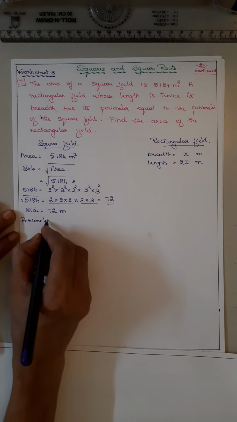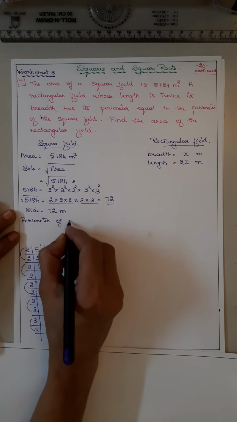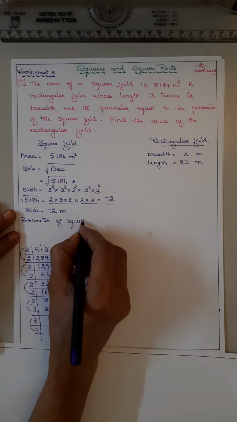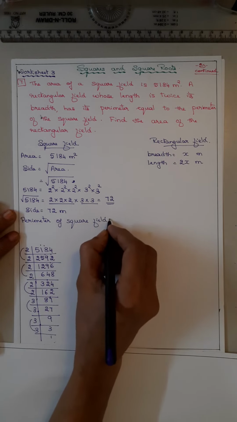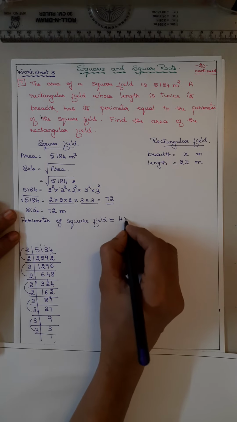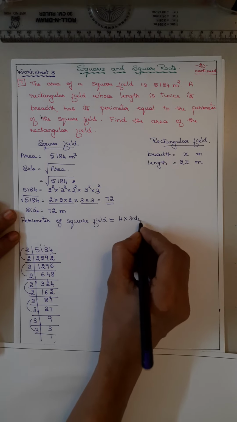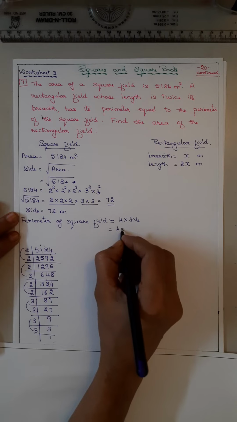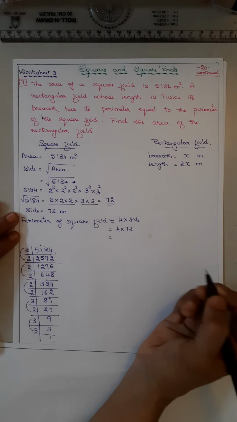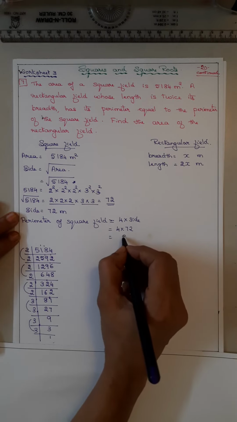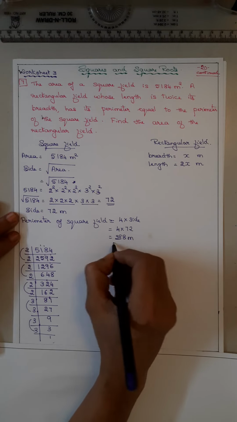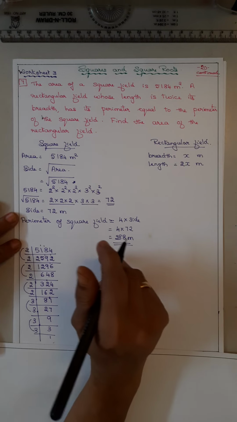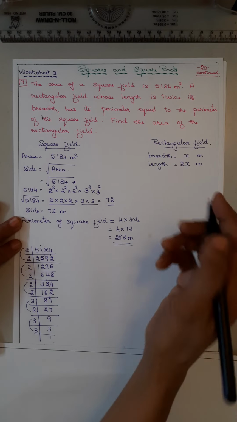Perimeter of square, what is the formula? 4 into side, isn't it? Therefore, 4 into 72 is equal to 4 2s are 8, 4 7s are 28. So you got the perimeter of the square field.